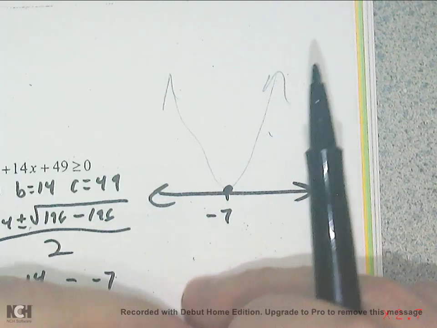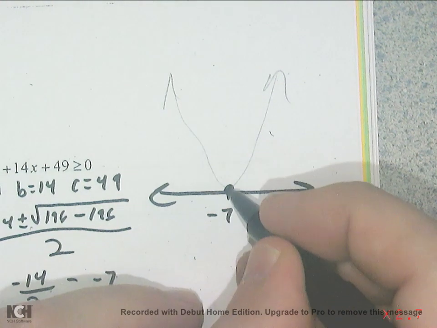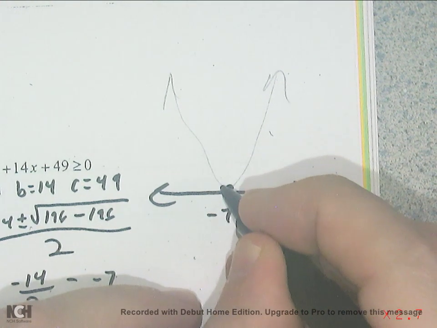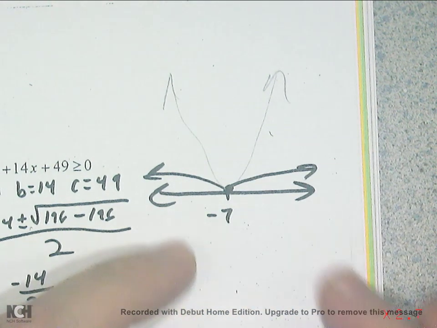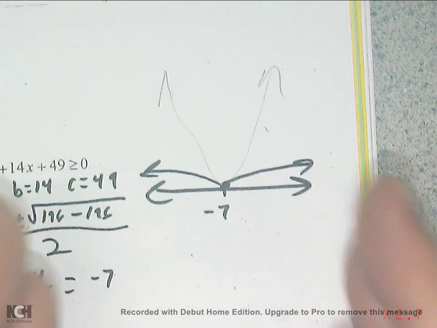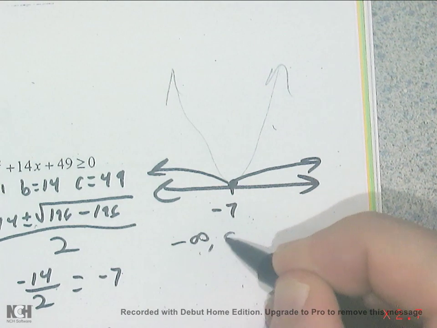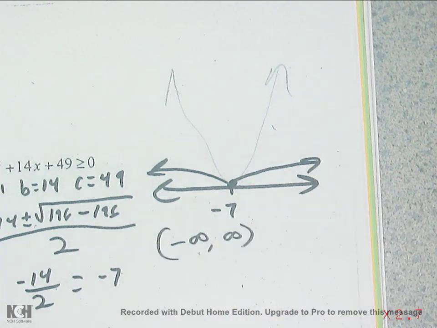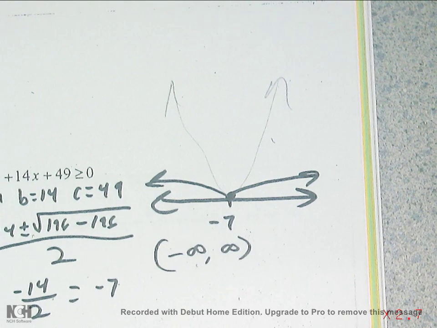So technically, there is nothing in this equation that is not greater than or equal to 0. So technically our graph is doing that, and it's technically going from negative infinity to infinity. There is no missing piece here. It covers all real numbers. Okay? So a little bit of a trickier one.